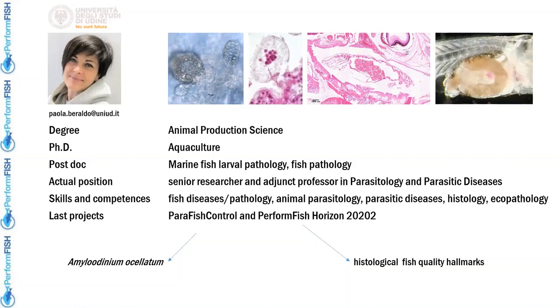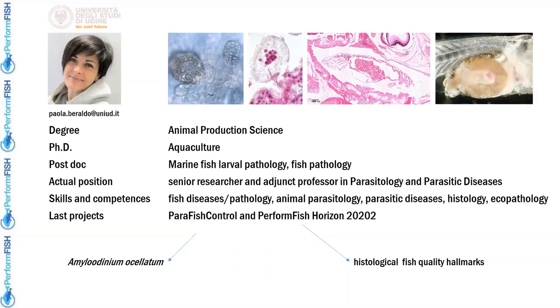But at the end of my PhD, some pathological issue shifted my interest to fish pathology and histology as an investigative approach. And so, of course, the marine larval pathology was one of the areas of my research activity with Professor Galeotti.